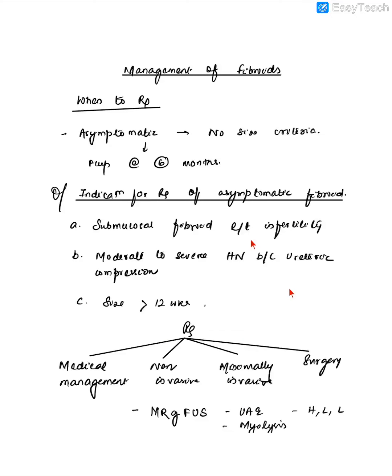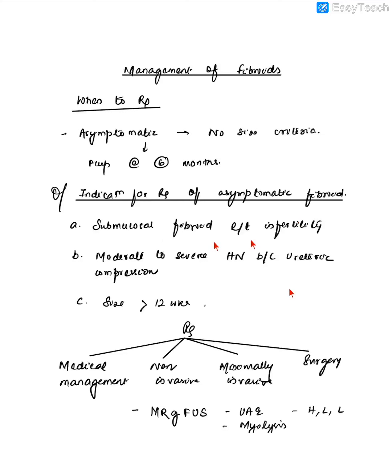So how do we manage a case of fibroid? Now, when do we decide to treat any asymptomatic fibroid? Whether it is to be treated or not depends upon various conditions. There is no size criteria for treatment of asymptomatic fibroids. They are just to be followed up every 6 months. When do we actually treat an asymptomatic fibroid?